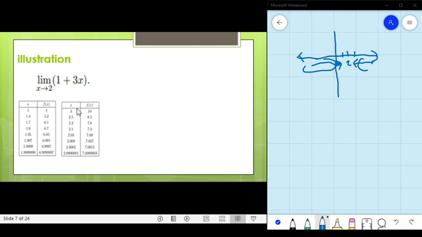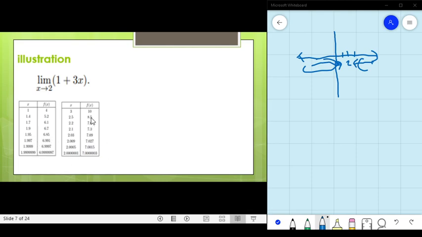So, when x is 3, we have 10 for f of x. When x is 2.5, then we have 8.5. 2.2, we have 7.6, and so on. So observe that as the values of x get closer and closer to 2, what happened to the values of f of x?